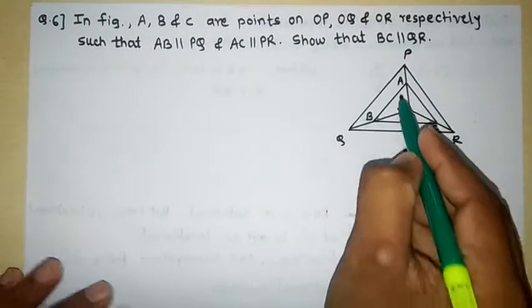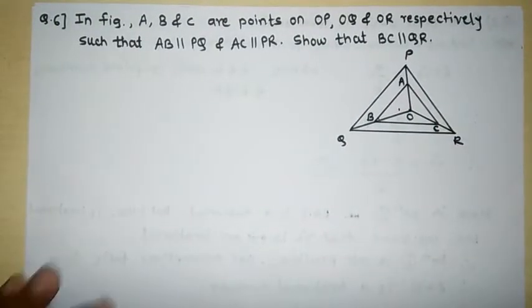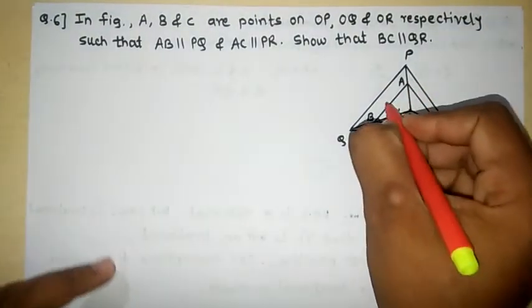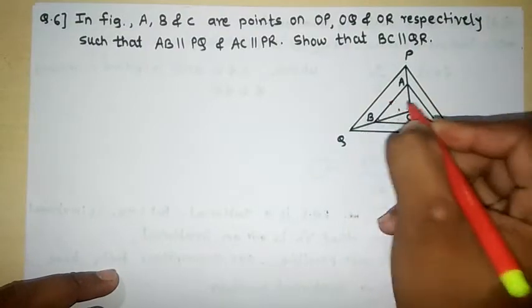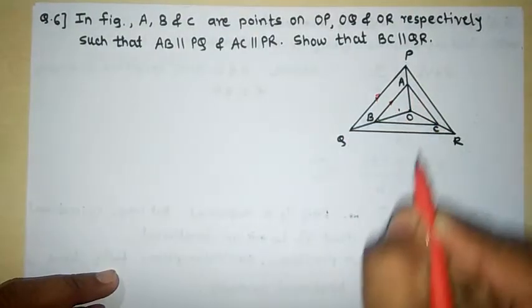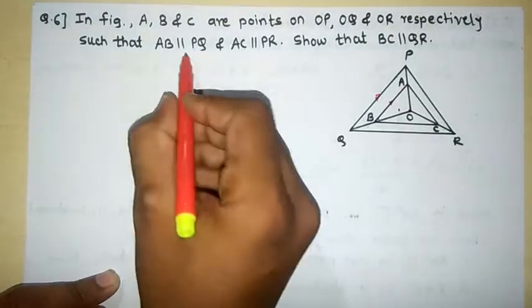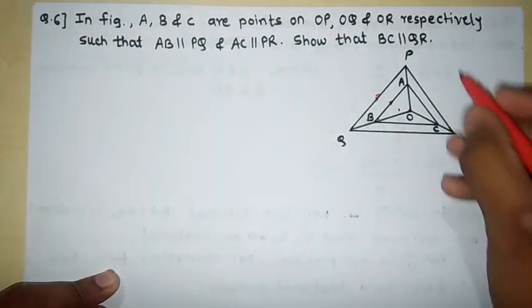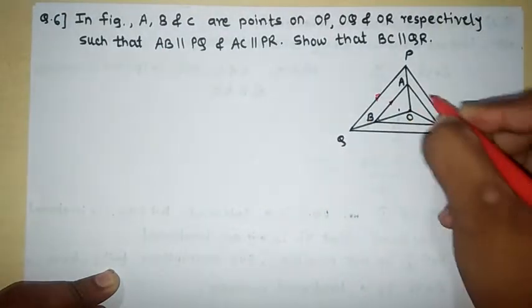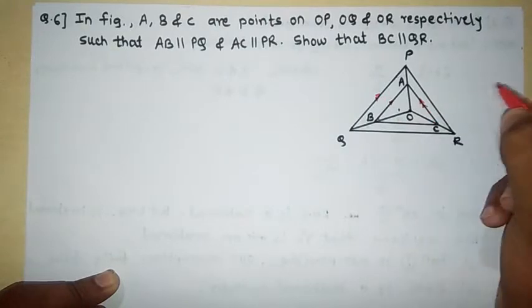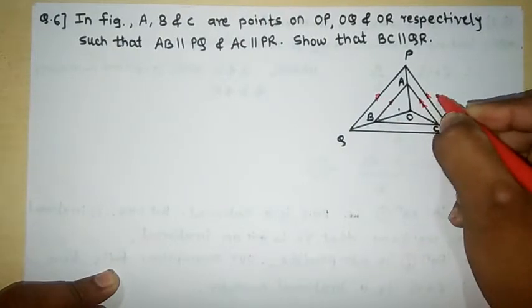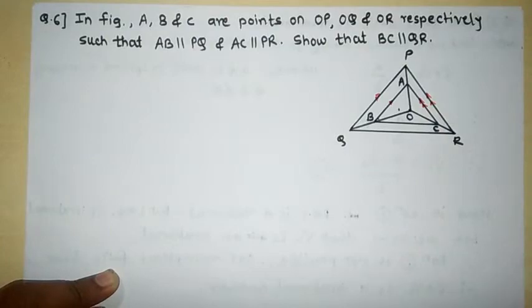Here I will mark this line AB, which is parallel to PQ, and AC parallel to PR. I will mark two lines here, AC parallel to PR is given.